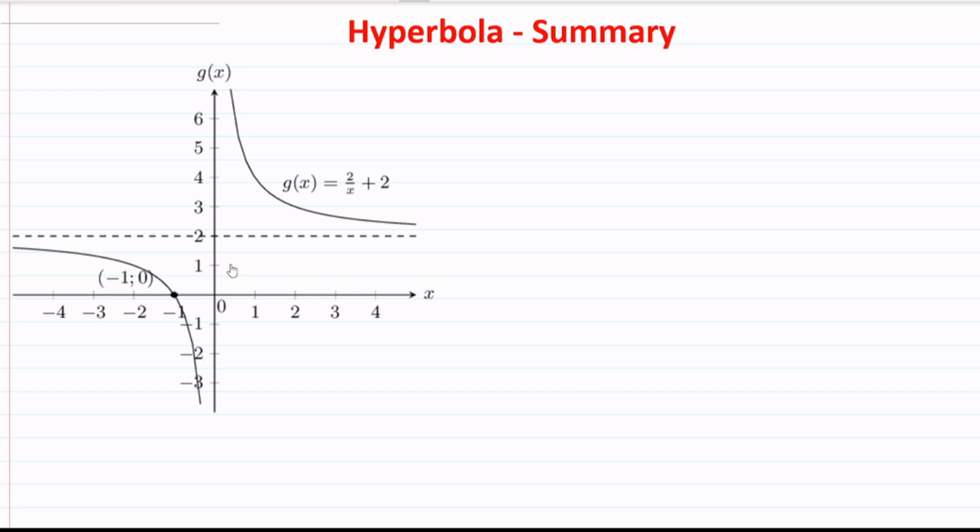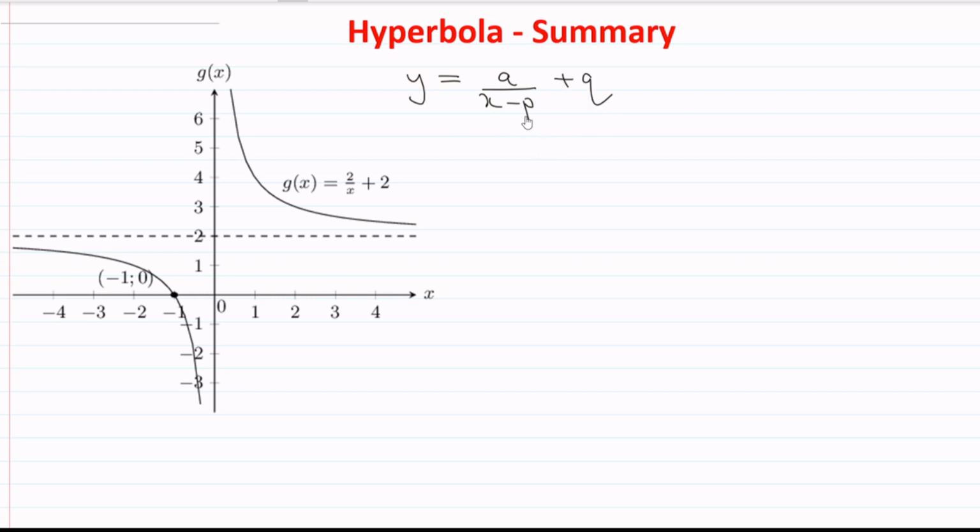Now, before we get into the details, what we need to understand is the general equation of a hyperbola. The general equation of a hyperbola is given by the formula y is equal to a over x minus p plus q.